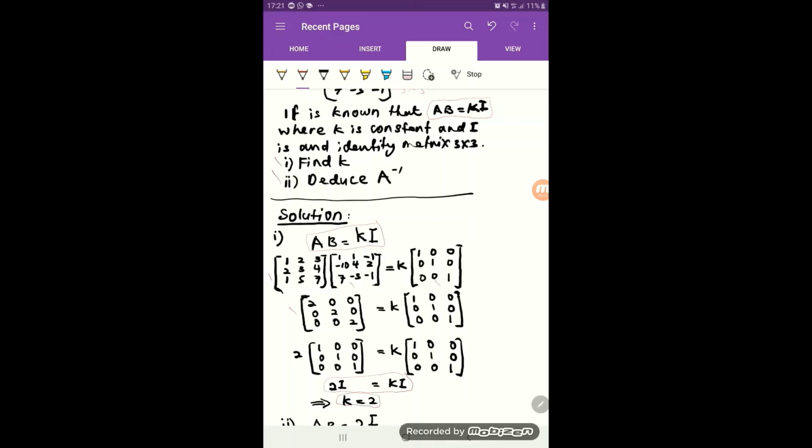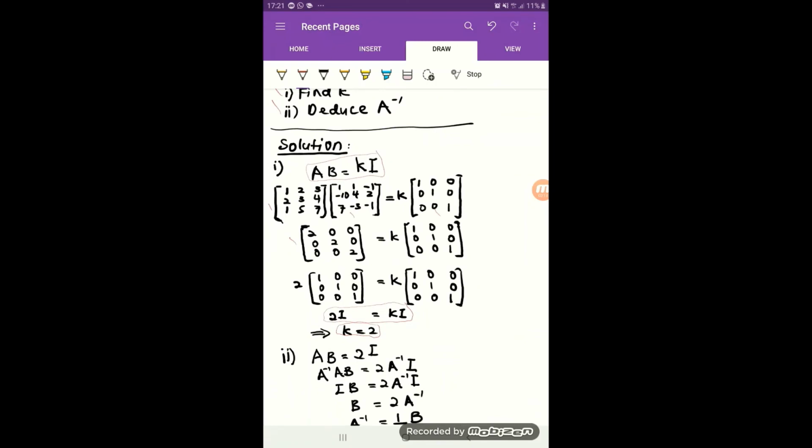For the second question, how to deduce A inverse? You substitute K is equal 2, and then you will get the equations of matrix is AB is equal 2I. And then you multiply both sides with A inverse. You can see here the positions of A inverse are same for both sides.